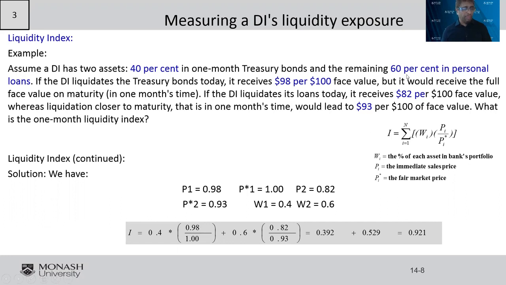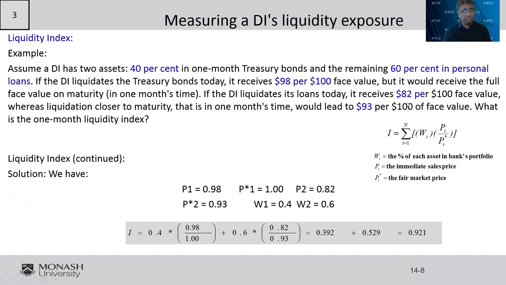Now, if I liquidate this in 1 month time, which is the time when it is matured, it will give me 98. And if I liquidate it today and I don't wait until next month, it will give me $98 per each 100. For the loans, if I liquidate them at the same time as the treasuries, this is actually close to maturity after 1 month.